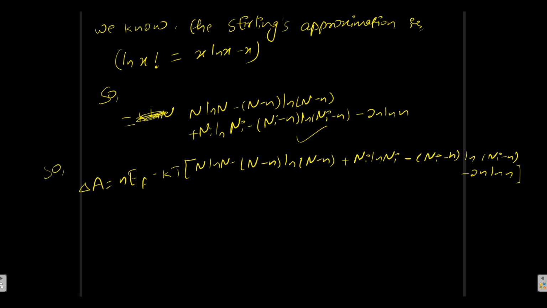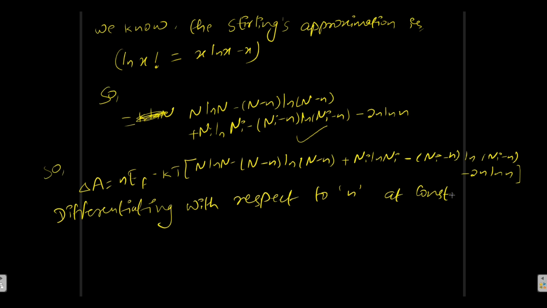Now let's differentiate it with respect to small n at constant temperature T. So we write del by del n of del A at constant temperature T. If we differentiate it with respect to small n, the first term will get eliminated, and for the rest I'll write the final value directly.